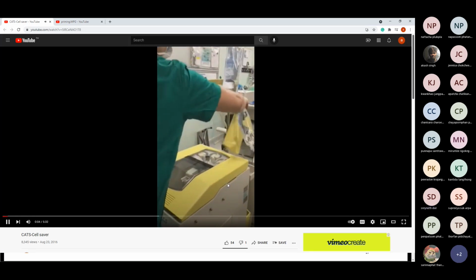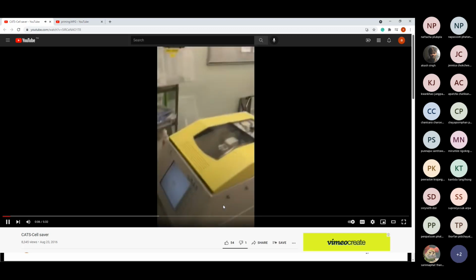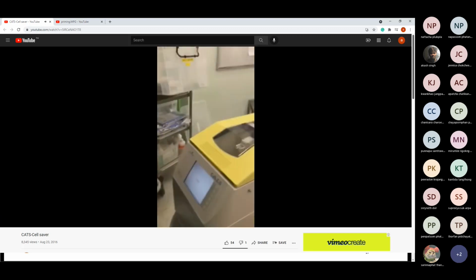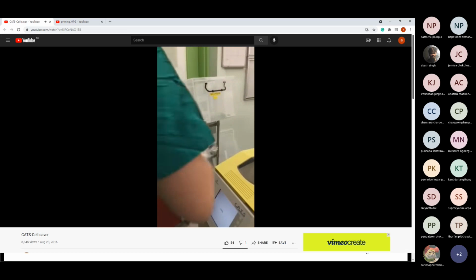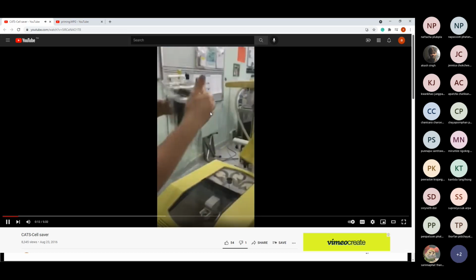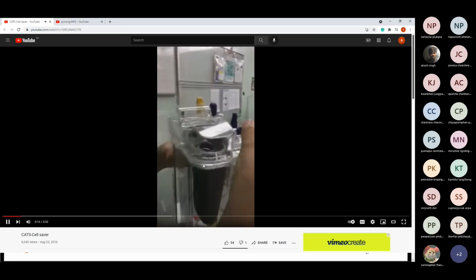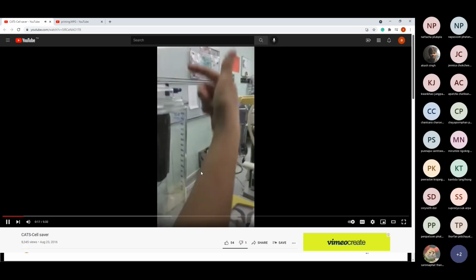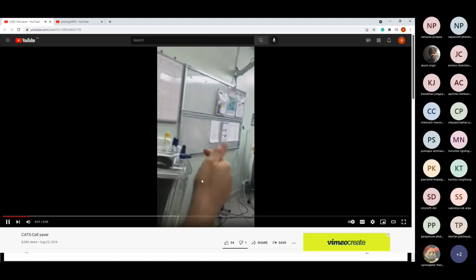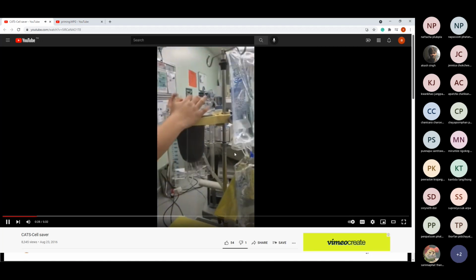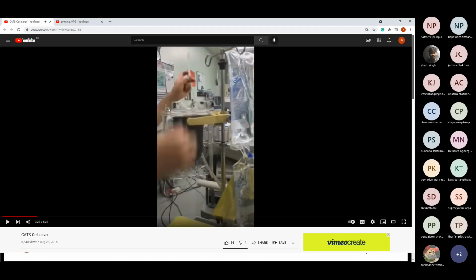So you can see this kind of machine. They're going to show how to set up. This one is a receiver. So you can see the port that is connected to the suction line, and also the port in yellow is going to connect with the vacuum.